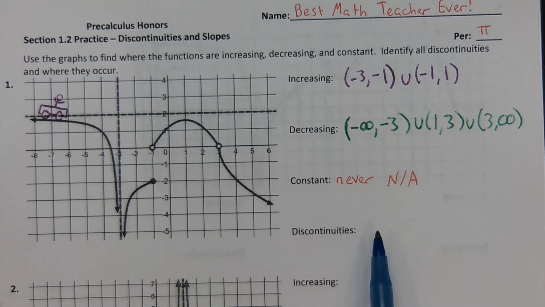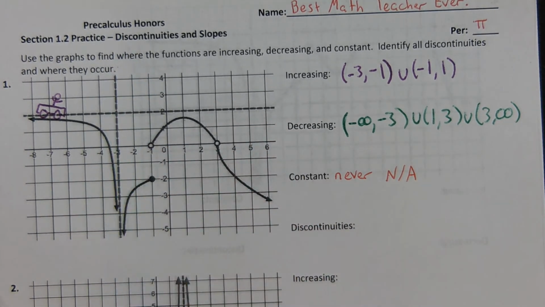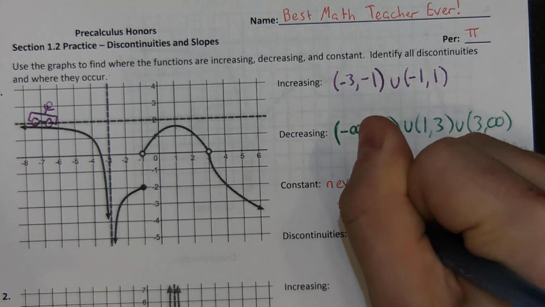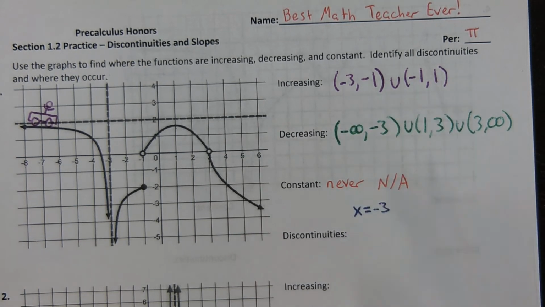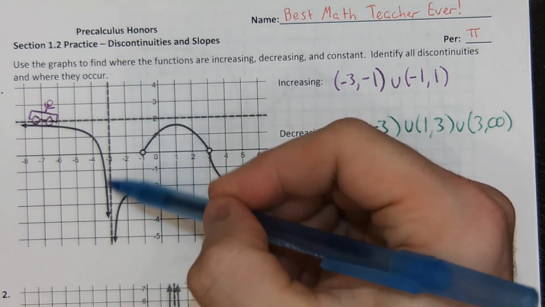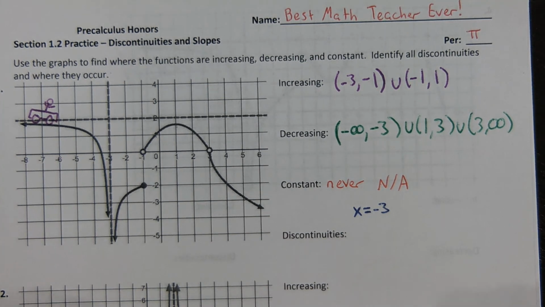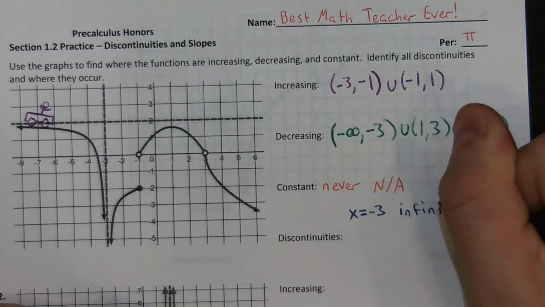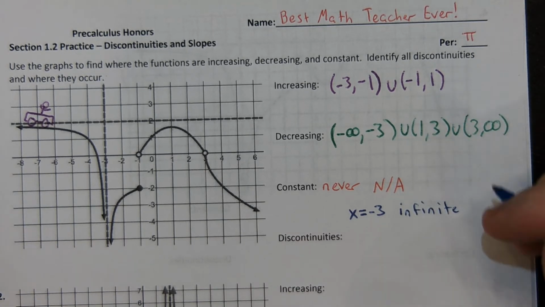First one, at x equals negative 3. Because my graph shoots down or up, but this one happens to be down to an infinity, at the value x equals negative 3, we would say that this is an infinite discontinuity. Now, it does not need to go both up and down.